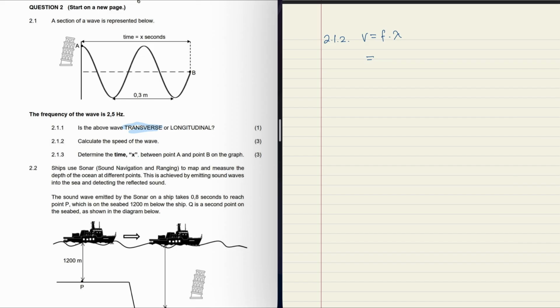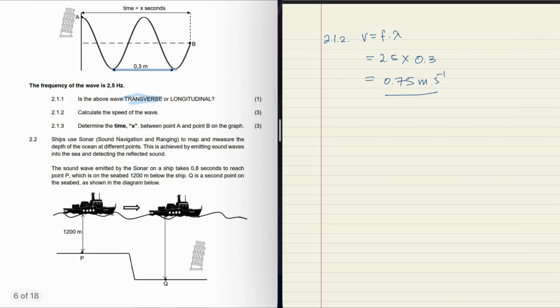They give us the frequency, 2.5. And the wavelength is the distance between two consecutive points in phase. So they've given us the distance between two crests, which is sufficient. So times 0.3, that gives us 0.75 meters per second.